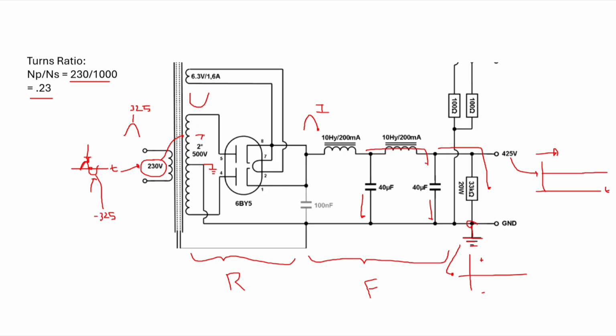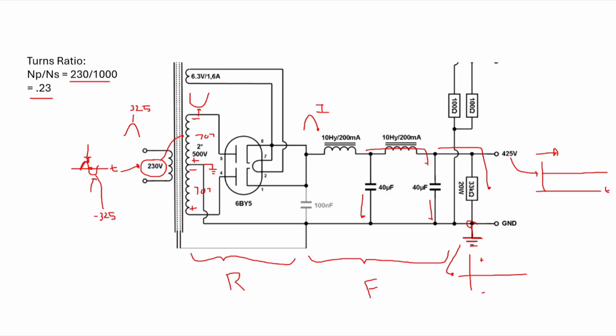Now we're going to have 707, 707, except this time it's going to be negative, positive. Okay, so up here, this is our negative half cycle. We reach this point here, we're at negative 707 volts.